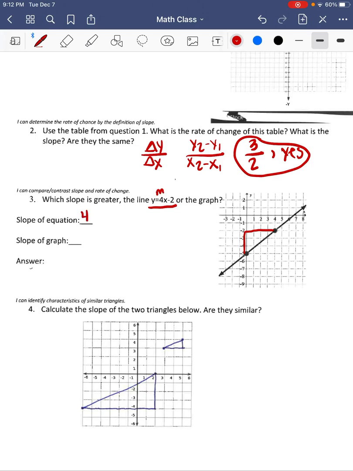The slope of our graph is our rise over run, which it looks like we go up 3 and over 4. The greater slope is going to be the greater number. So it would be 4, which is the equation.